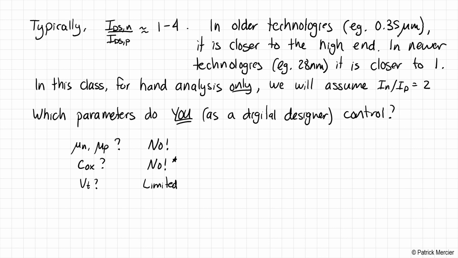So that's almost all the parameters in those formulas we showed above. The last remaining one is the W over L ratio, and yes, this is our main mechanism of control when we are designing circuits, by controlling the W over L ratio. All right, so with that out of the way, we now are all on the same page with what formulas we have available to us, and we'll use these formulas in this class.